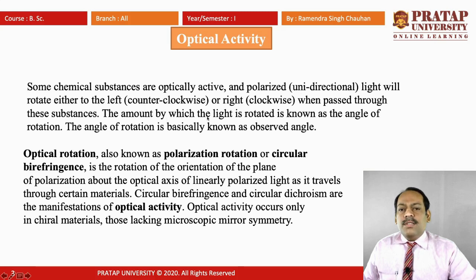The amount by which the light is rotated is known as the angle of rotation. The angle of rotation is basically known as the observed angle.